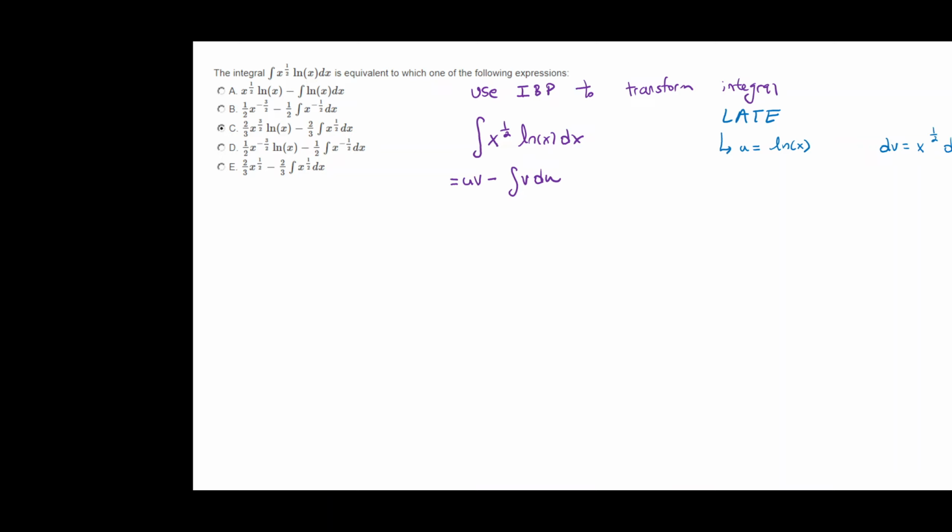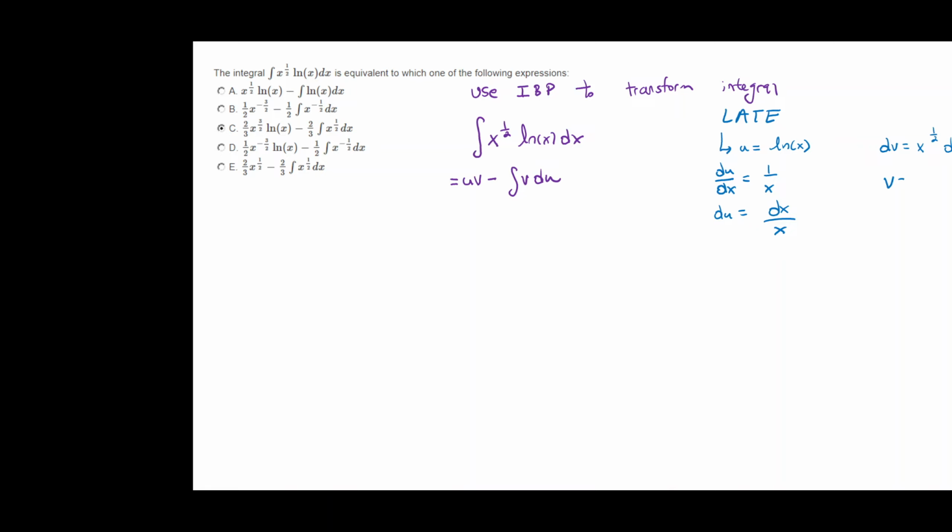We need the ingredients for the integration by parts formula, so I'm going to take the derivative of u. The derivative of ln of x is 1 over x. I want to isolate for du, so I get du is equal to dx over x. That part's done.